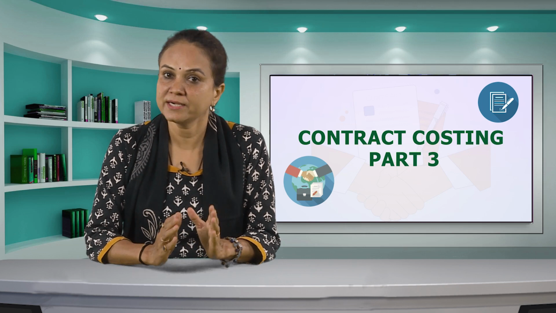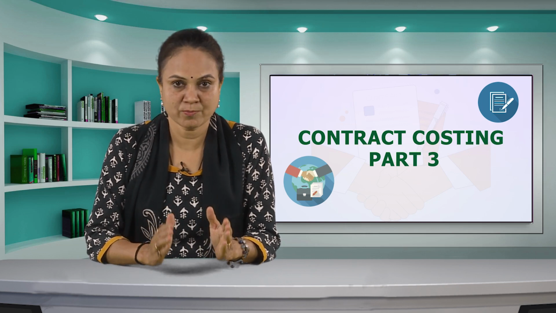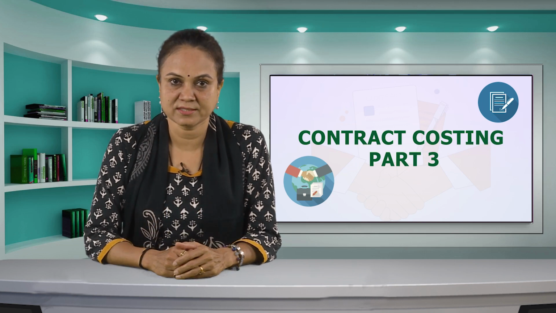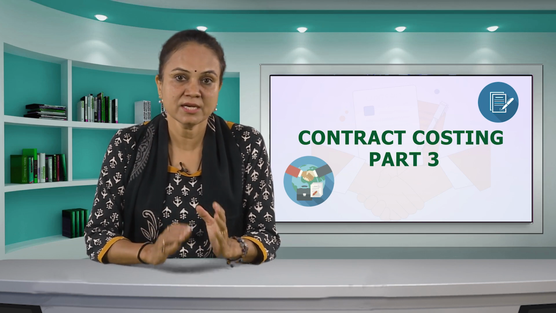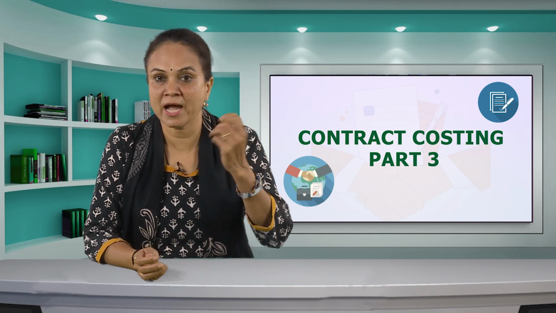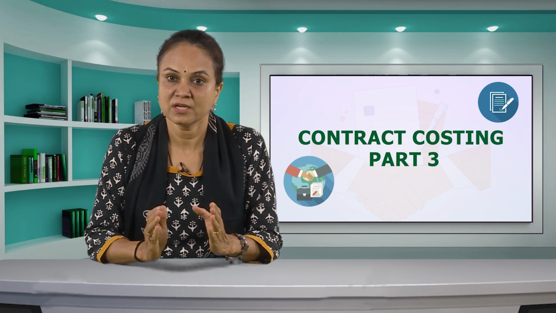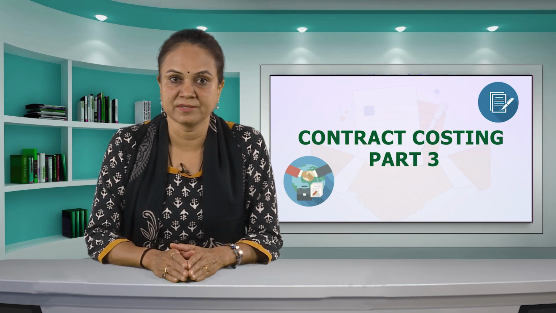On the other hand, it is not desirable even to ignore completely the profit on incomplete contracts. Otherwise, the year in which the contract is completed would show abnormally high profit, and the reverse may be the case in the year in which the contract remained incomplete.